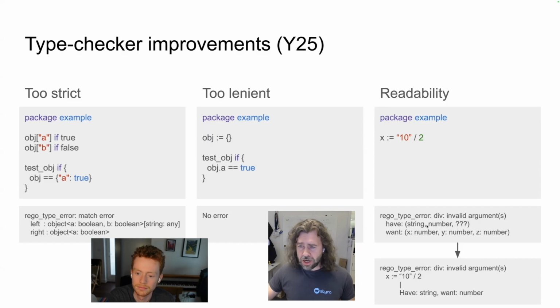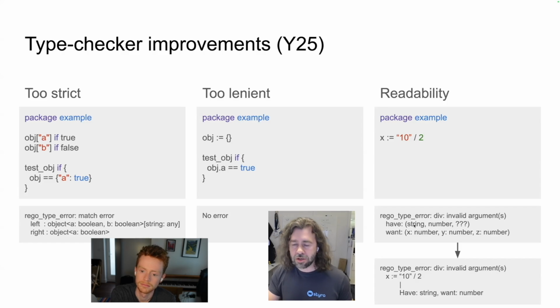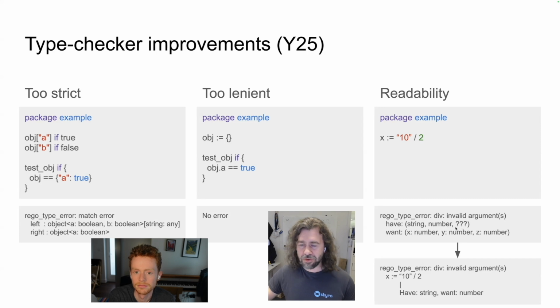Not to mention that we actually have 3 arguments in the report, but there are only 2 arguments going into the expression if you don't think about the output of the expression itself. Here there are things we could do to improve. One such thing would be to take some inspiration from test reporting, where we take your expression in the error report and point to the actual place where the type checker found an issue, and we explicitly tell you, well, we have a string here, we want a number. Hopefully that would be much more understandable for users.